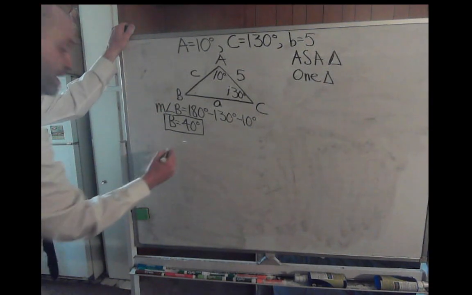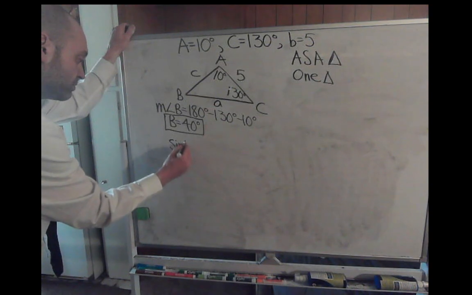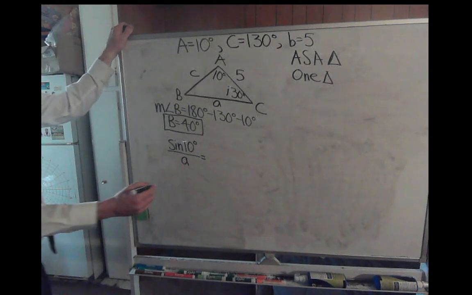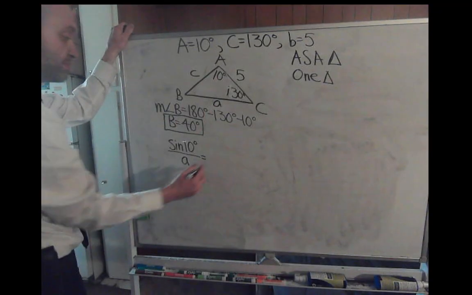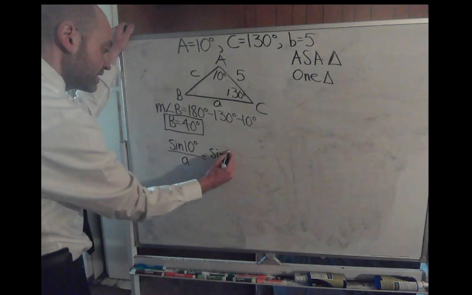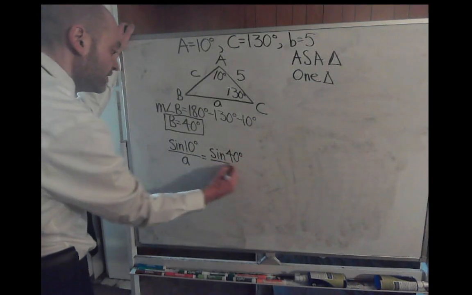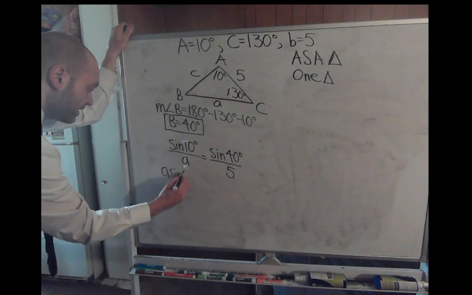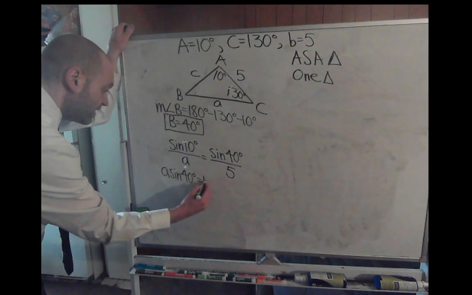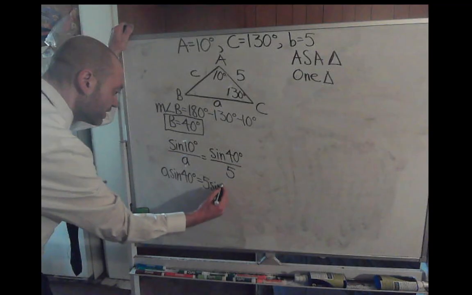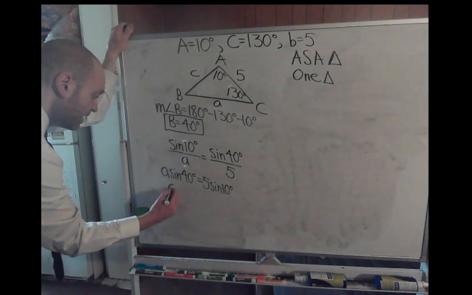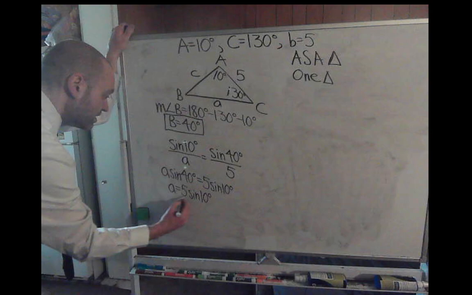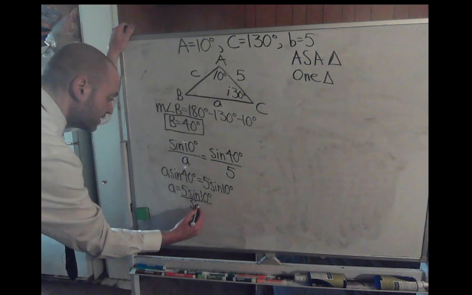So we'll find side A, so take the sine of angle A, which is 10 degrees, over side A, set that equal to, we know both angle B and side B, so the sine of 40 degrees over 5, which means A times the sine of 40 degrees equals 5 times the sine of 10 degrees. So A would equal 5 times the sine of 10 degrees all over the sine of 40 degrees.